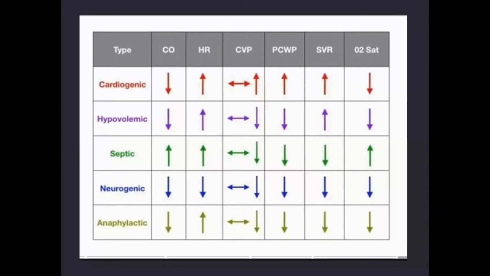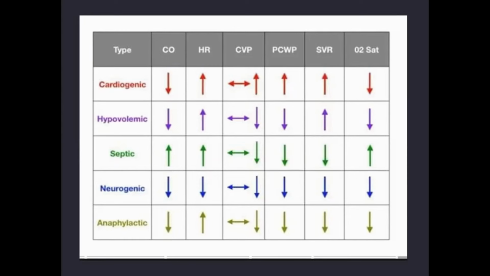Now, systemic vascular resistance increases as part of the compensation. Does anyone know how the systemic vascular resistance increases? Actually, there is decreased cardiac output, which results in decreased blood pressure.